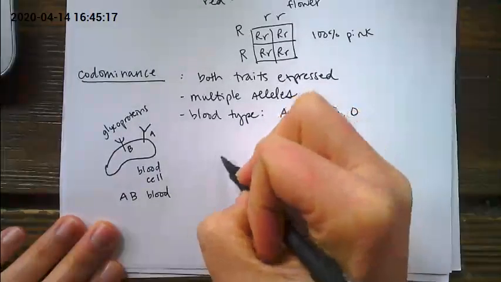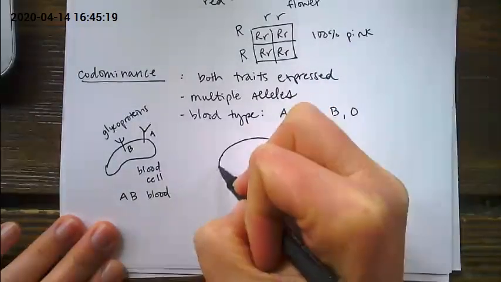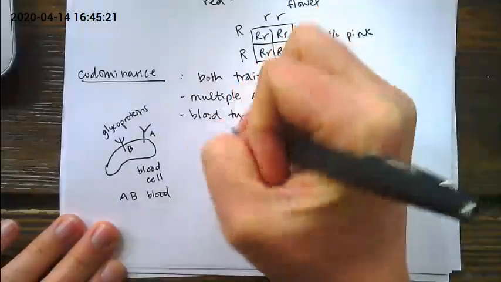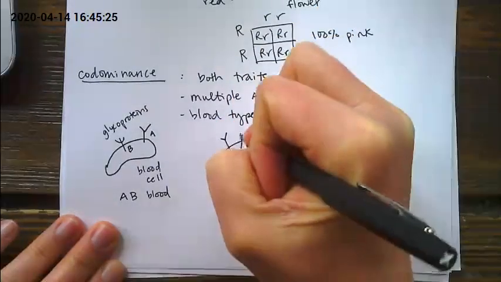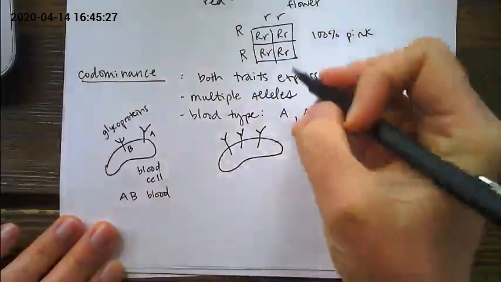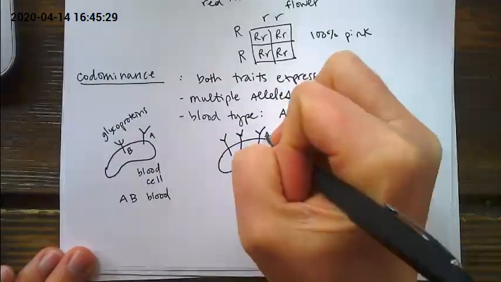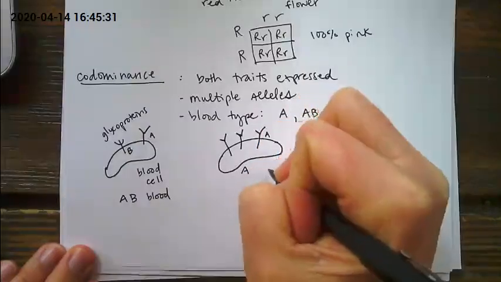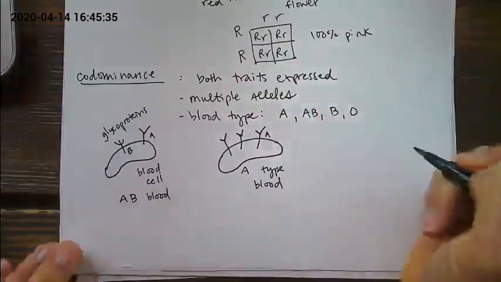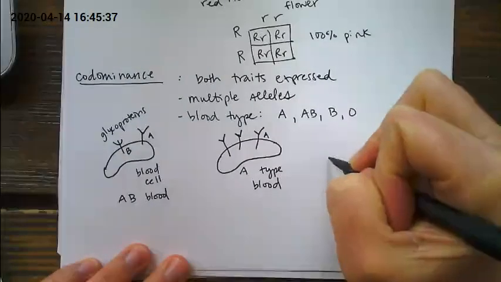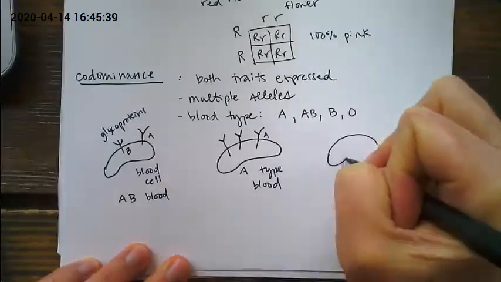Right? If we looked at another cell, this is from someone else, you'll notice they only have A receptors. So this would be A type blood. All right, we're going to do another one.